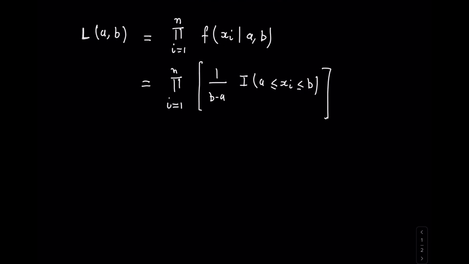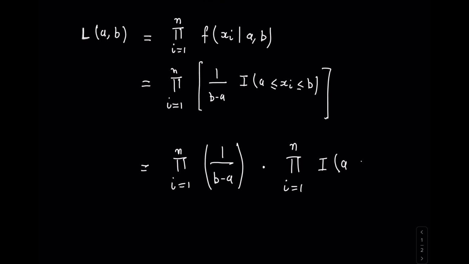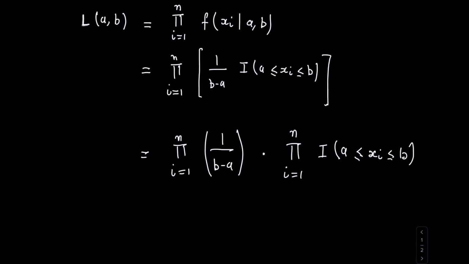Now, because it's the multiplication of two terms, we can separate this function into two sets of multiplications. The first set is going to look like this, and then the next set, the product of the indicator function of a, xi, b, is going to look like that.